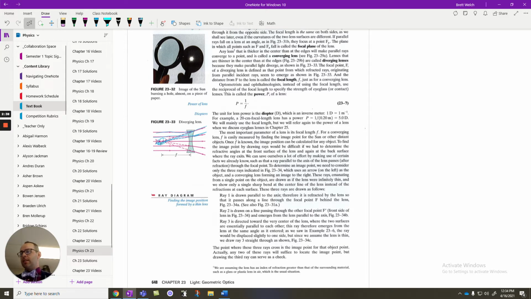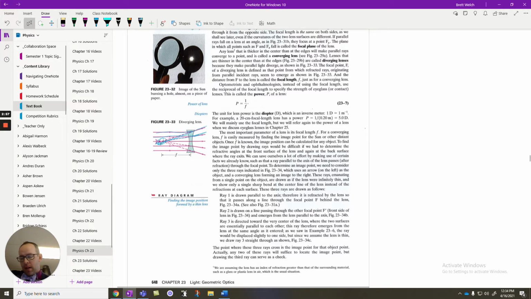Now these lenses have a focal point on both sides, one on each side because there's the 2 curved surfaces, and so we would have a near focal point and a far focal point. But this changes what we see and how we see it as we look at these lenses.